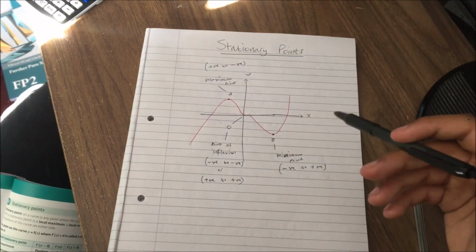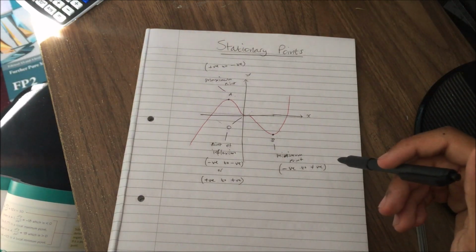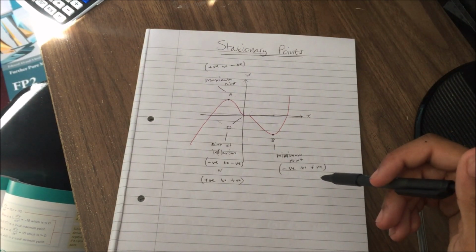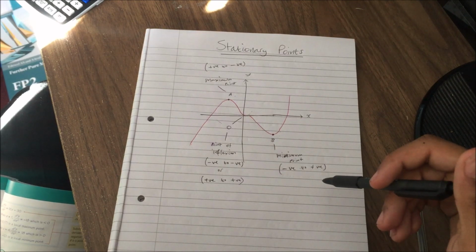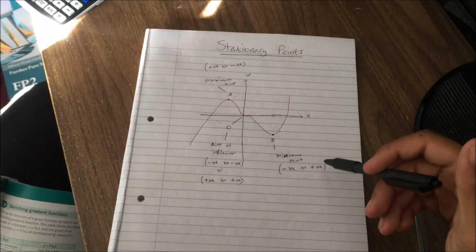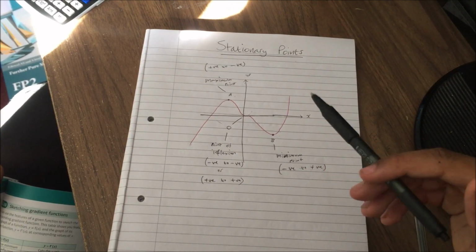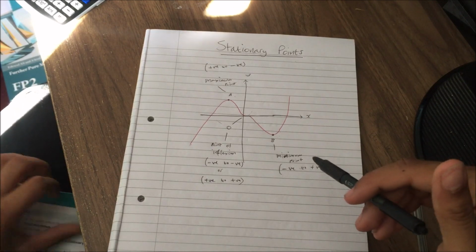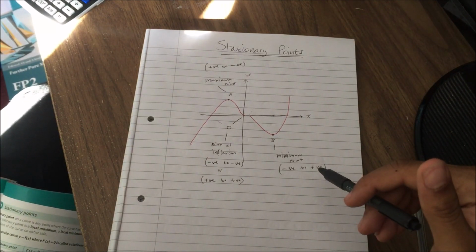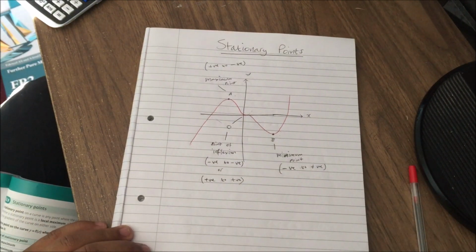I'm going to show you 2 examples, and then I'll give you some questions to do, and then we can move on to integration. Okay, that's completely fine. Right, let's move on to some examples.